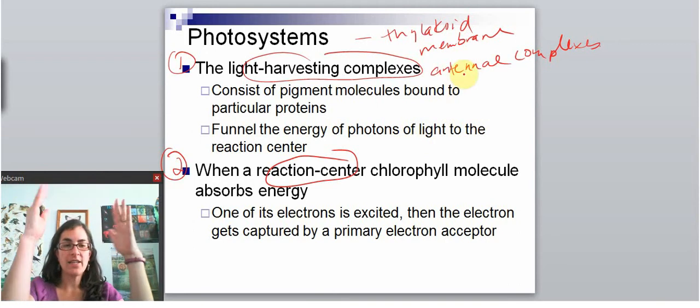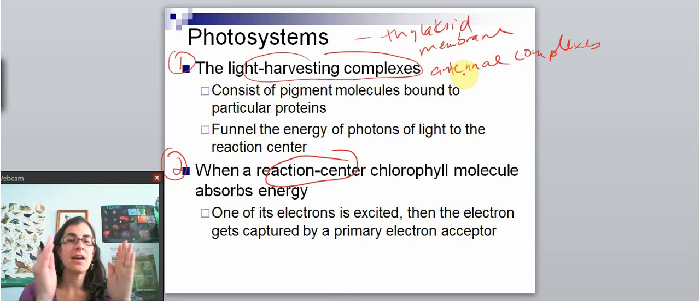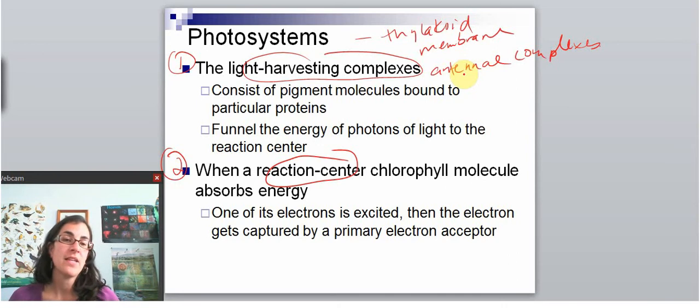So light will shine down and it will hit the light harvesting complexes, and they pass that energy down to the reaction center. So light harvesting complexes collect the light. That's where they get the name antenna too. They pass the energy in the light to the reaction center, which is the second part.